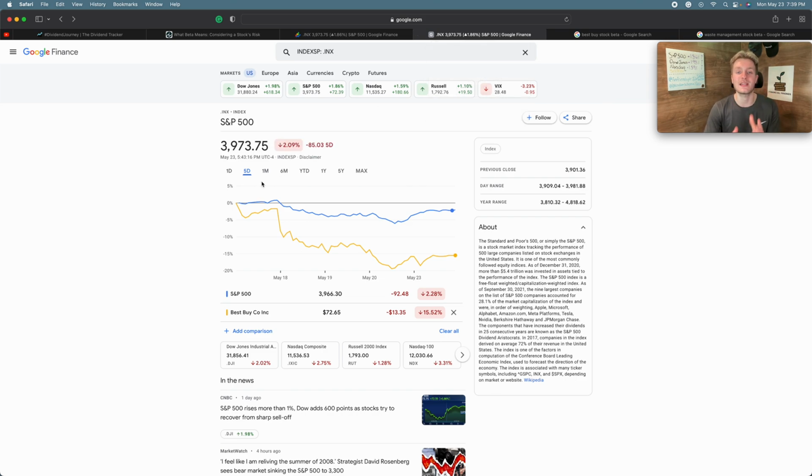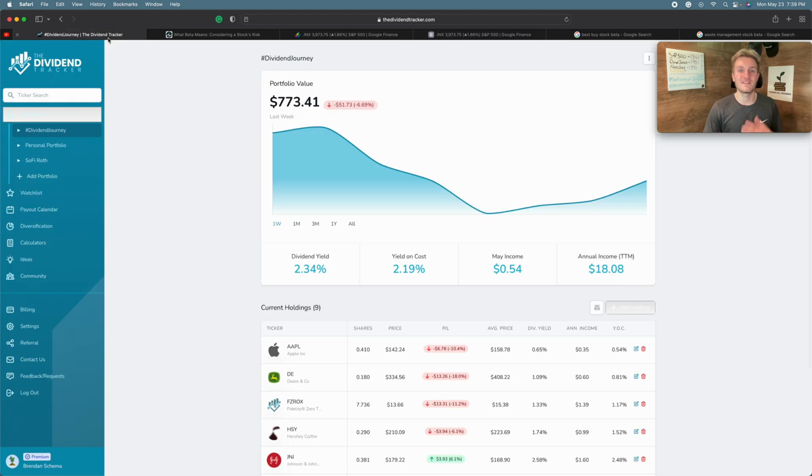Absolutely super easy to be able to tell here. You have Best Buy in the yellow, diving, and the S&P staying relatively stable. At that 1.43 beta, it's going to have lower lows, and it does have lower lows. So hopefully you're able to visualize and see everything I'm talking about there.